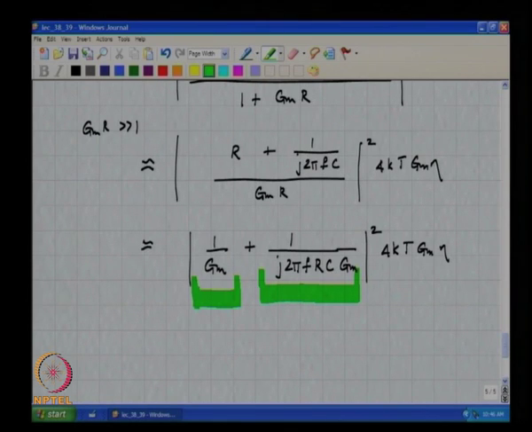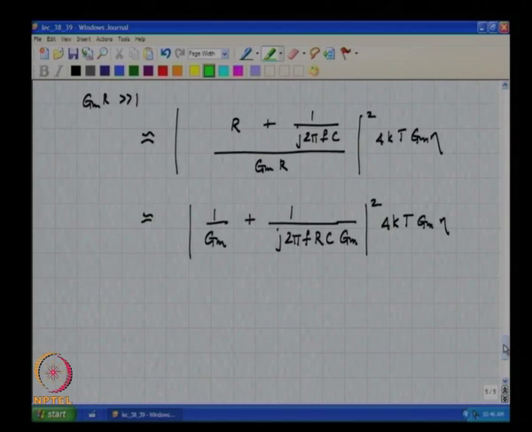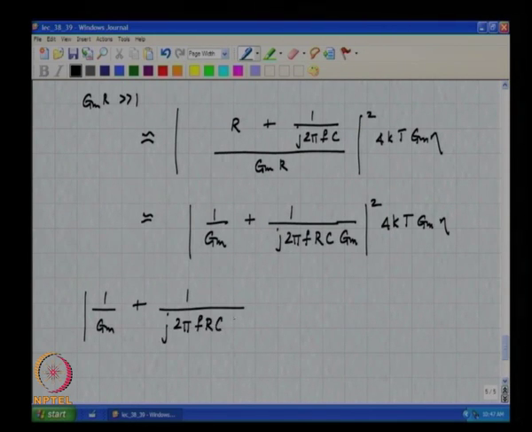All right. Now, what we are interested in is the total noise spectral density at the output, and that will be 1 over Gm plus 1 over J 2 pi F R C times Gm the whole square times 4 kT eta Gm.